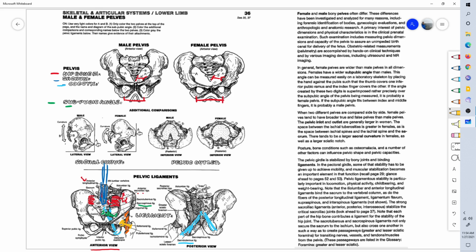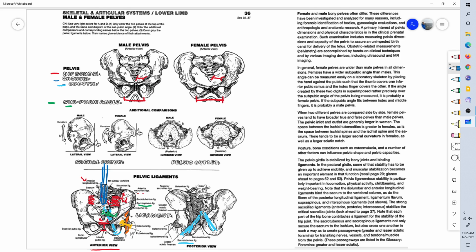Here. Traversing the pubic symphysis joint, here's the pubic symphysis joint, we have the superior pubic ligament attaching pubic bone to pubic bone, right to left, and the inferior pubic ligament.